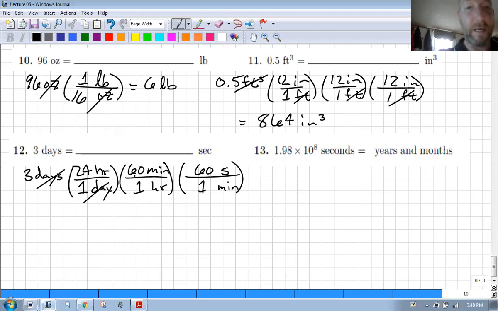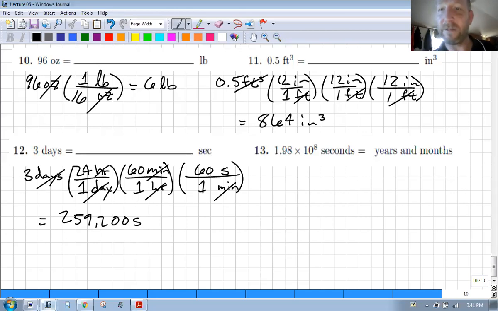Days go away, the hours go away, the minutes go away. So we have 3 times 24 times 60 times 60, 259,200 seconds.